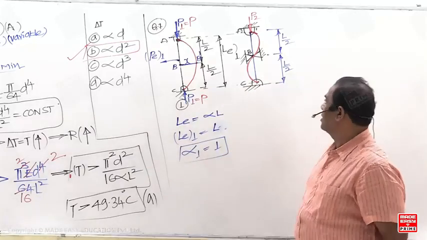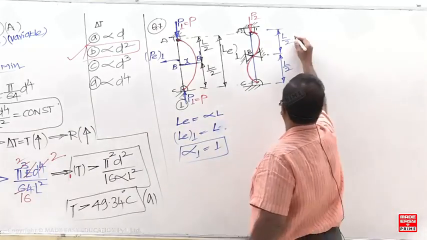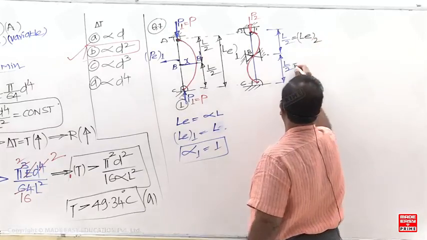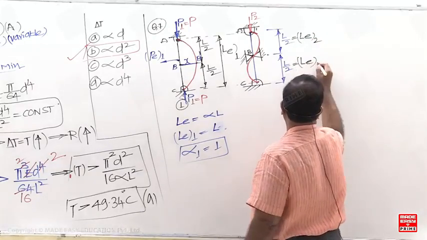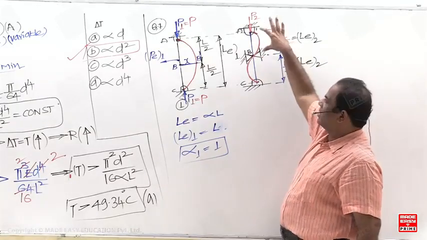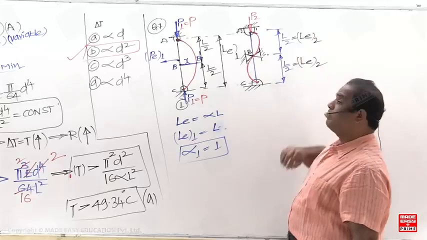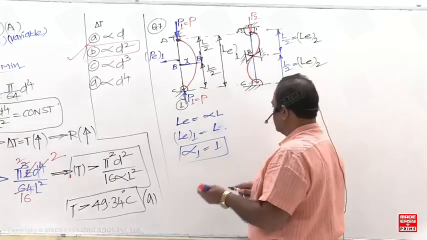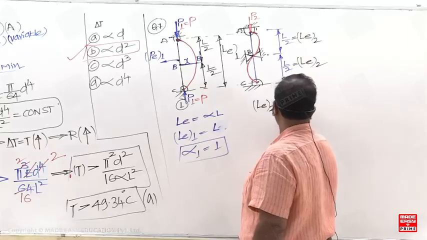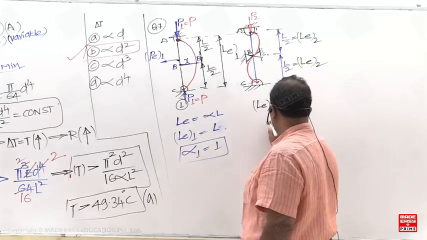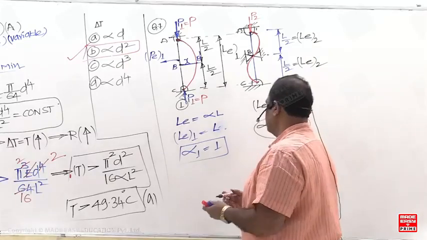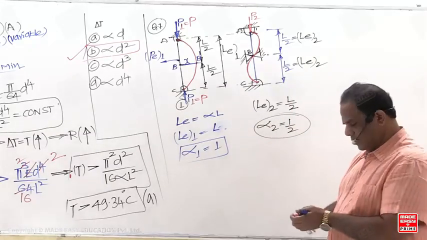Now in the second case, both ends hinged, therefore this will be the effective length. The effective length becomes half, which means the alpha value will be 1 by 2. Now you can get it.